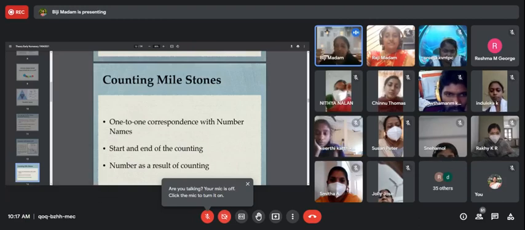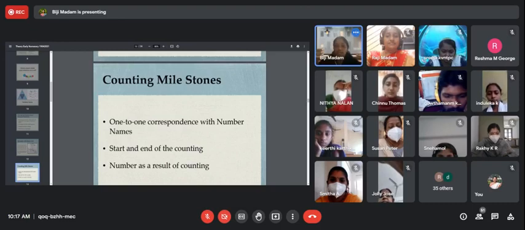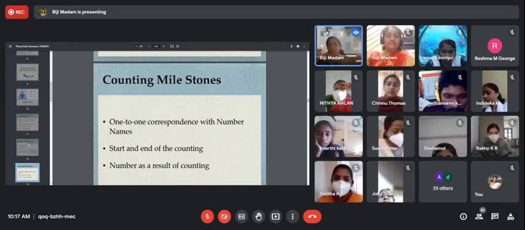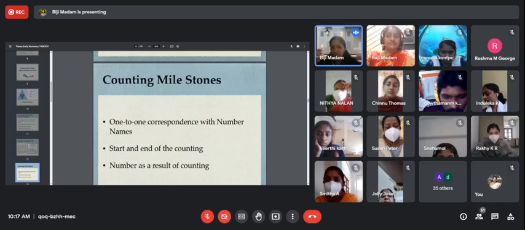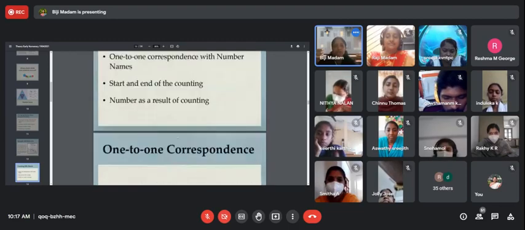So that practice should be given, touching the objects with the number names. And there should be a starting and there should be an end. If the child starts counting randomly from in between, the child may not get the correct number. So there should be a starting and ending of numbers during counting, and thus the child gets a result of counting.